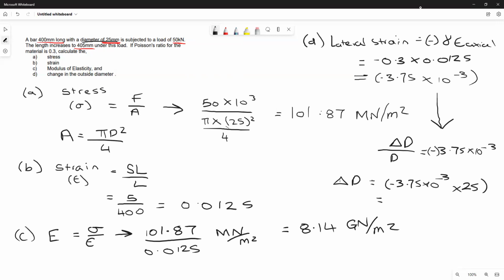And that would then give us a change of minus 0.0938 millimeters.